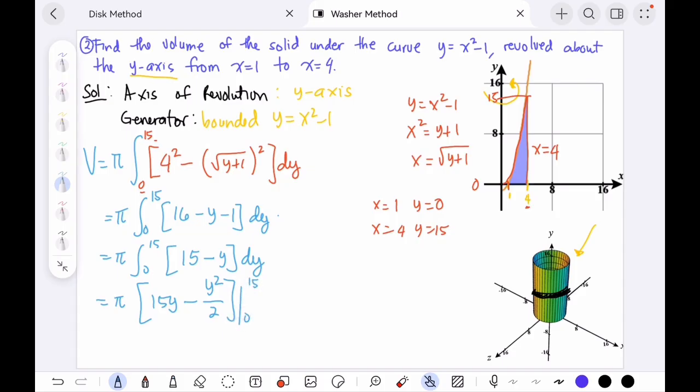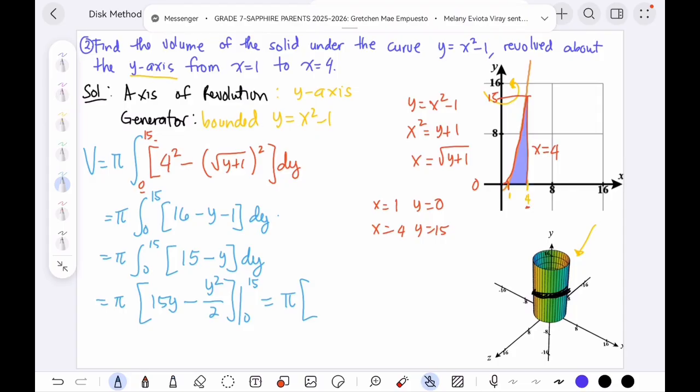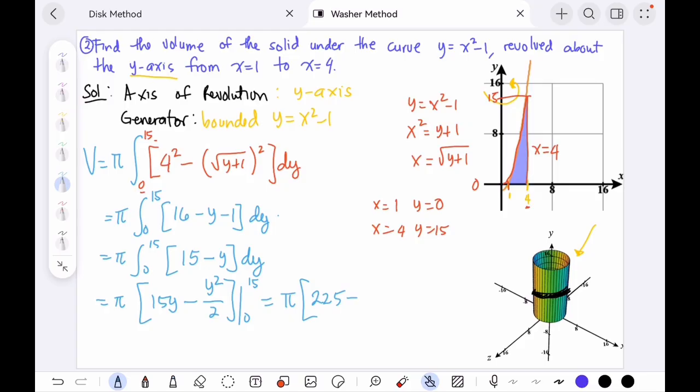Evaluate from 0 to 15. When y is 15, we have 15 times 15 is 225 minus 225 over 2 minus 0. When y is 0, we have 0.